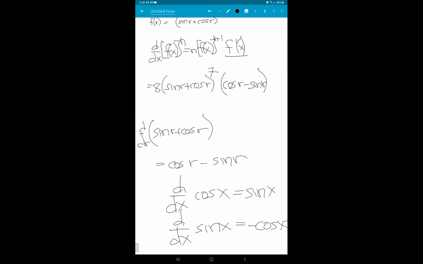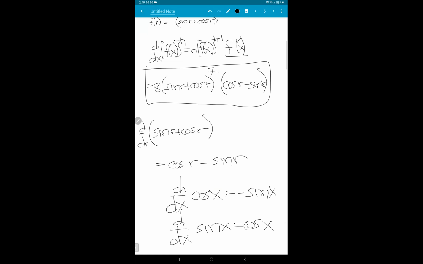The derivative of the sine is the cosine, the derivative of the cosine is the sine, but the reverse, negative sine x. The derivative of cosine x is negative sine x. Then the derivative of sine x is cosine x. So it's the derivative of the cosine that is negative sine. So this is the final answer. That's already simplified.